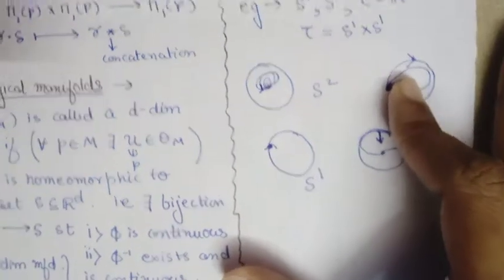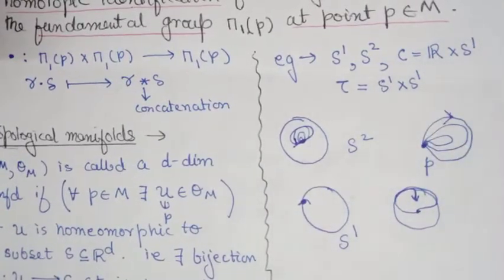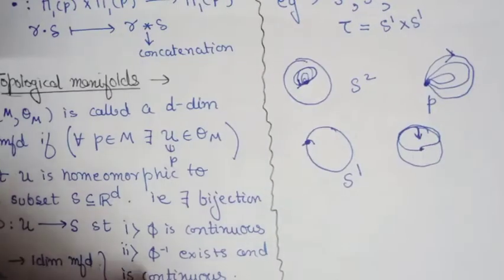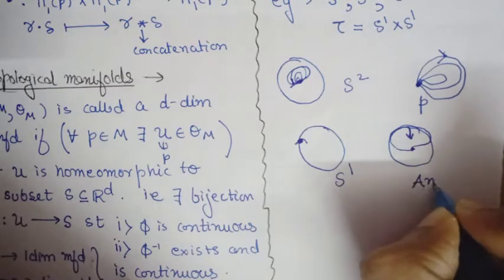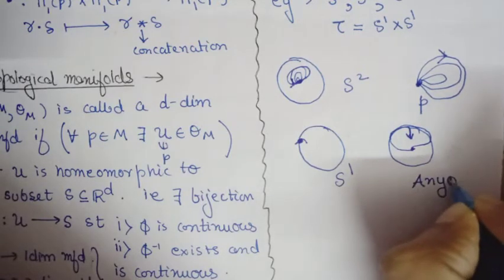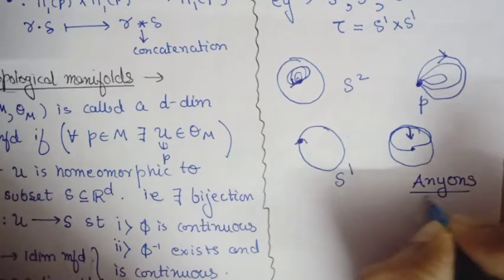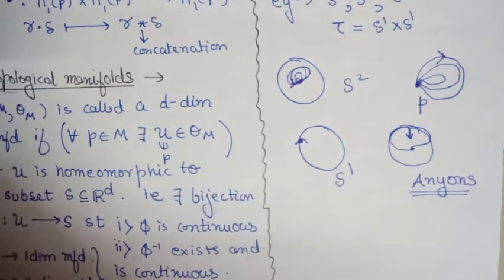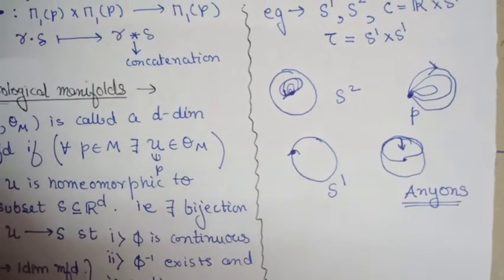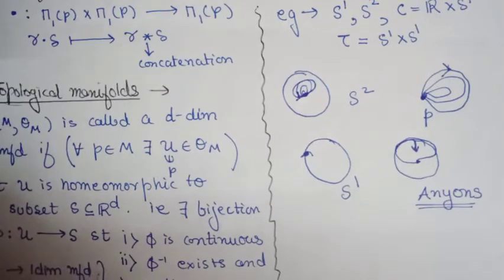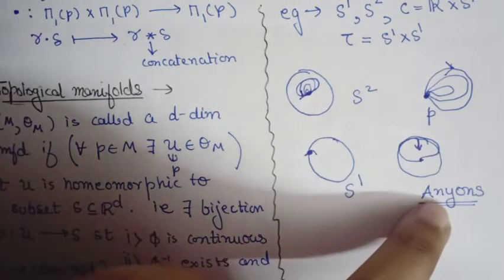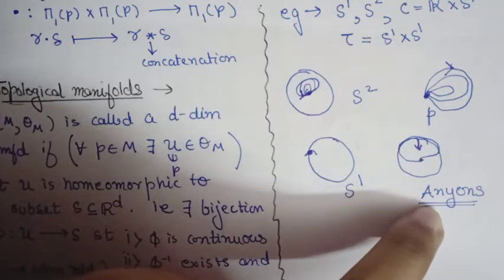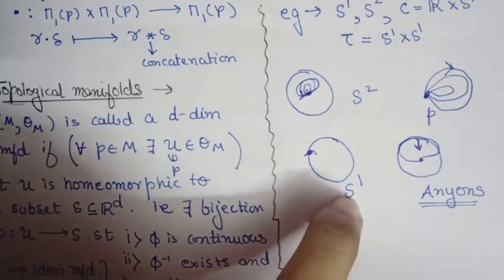This thing has important applications in statistical physics, where, based on the topological structure, you have something called anyons. So if you remember, there are fermions and bosons, which can be symmetrized and anti-symmetrized, but anyons don't follow that, because they live in lower dimensions.